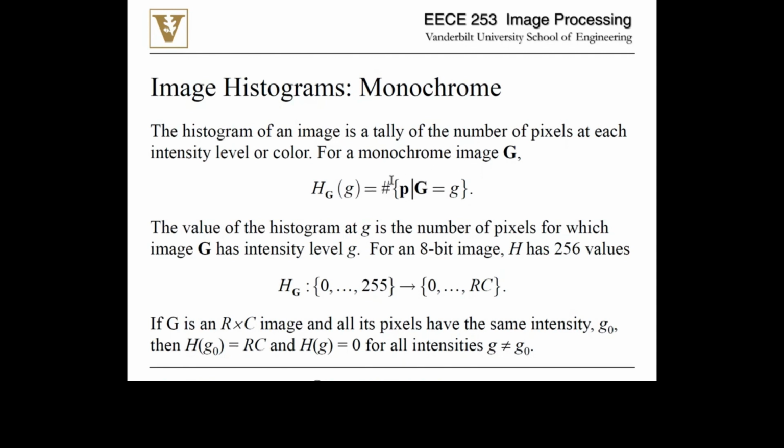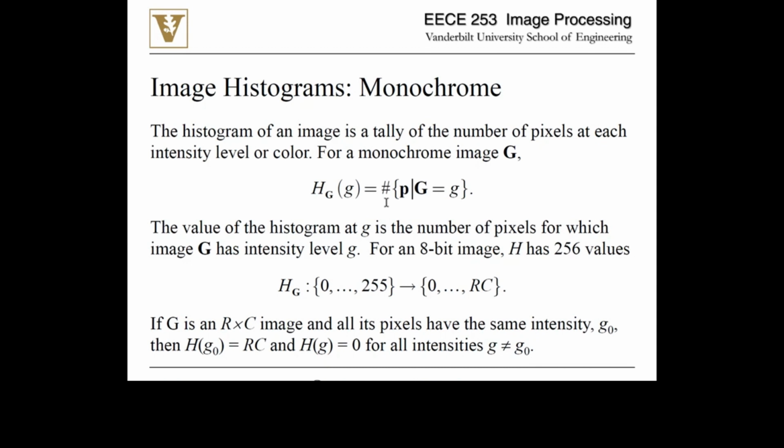The hash symbol is the count of this set. Sets are typically denoted with curly brackets. So it is the count of elements in this set, and this set is the number of pixels such that the image G takes the value g, the small g.